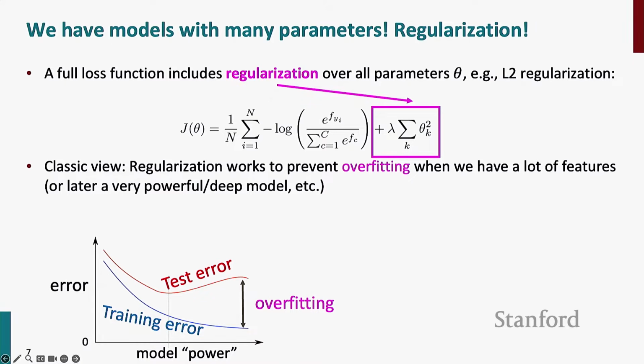So the classic view of regularization was we needed this kind of regularization to prevent our networks from overfitting, meaning that they would do a very good job at modeling the training data, but then they would generalize badly to new data that was shown.